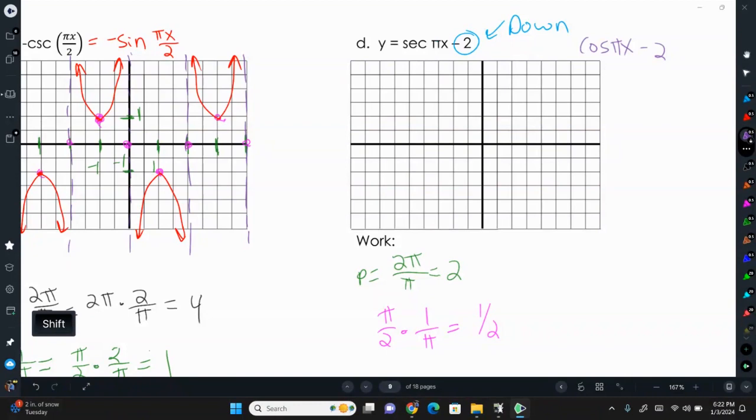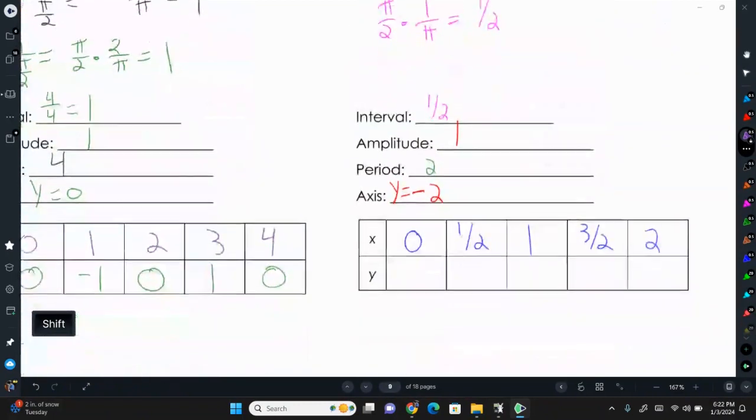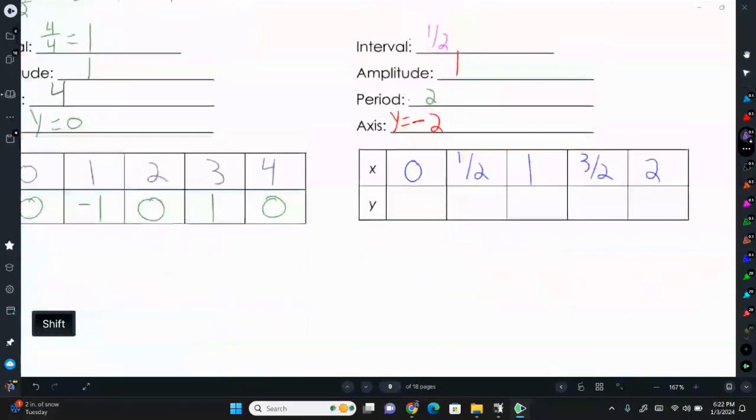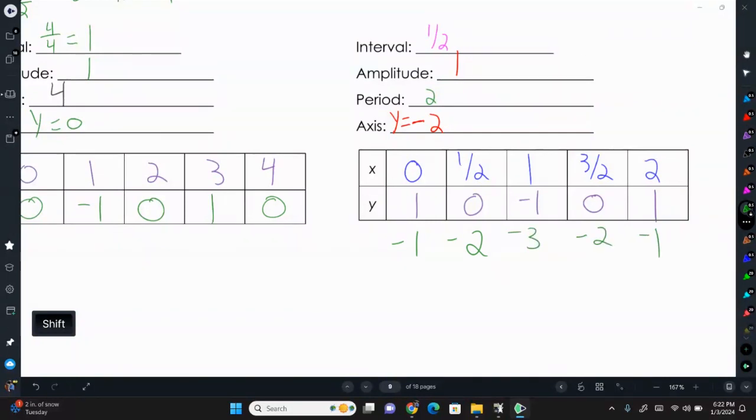This is a positive cosine graph, so we're going to start at the positive amplitude. So 1, 0, -1, 0, and 1. And then know that we have to go down by 2. So -1, -2, -3, -2, -1.